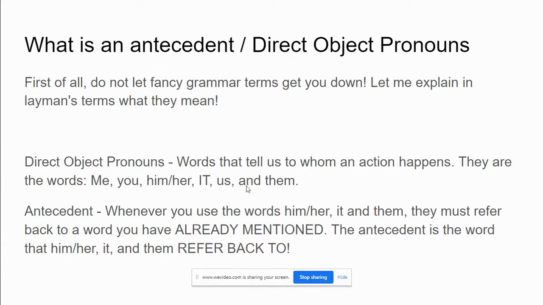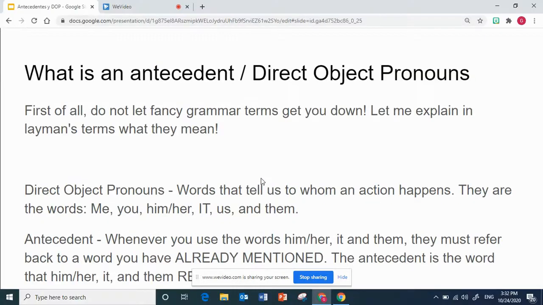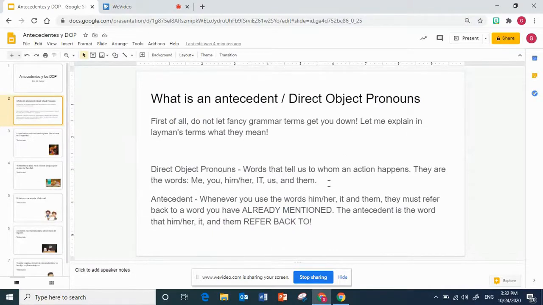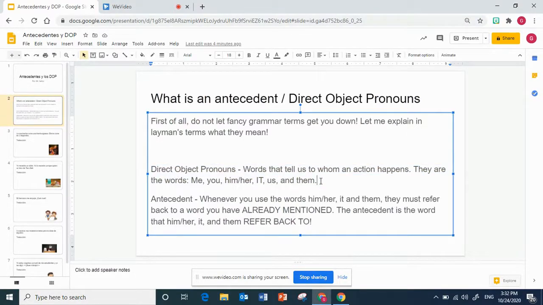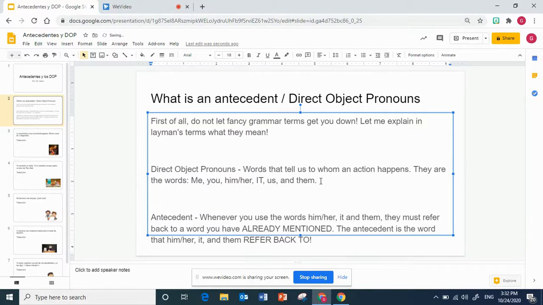So a direct object pronoun, we've been looking at these terms since last week, and they're telling us who an action happens to. They're the words for me, you, him, her, it, us, and them in Spanish. And those words, if you're not sure what they were, are me, te, le, for people.